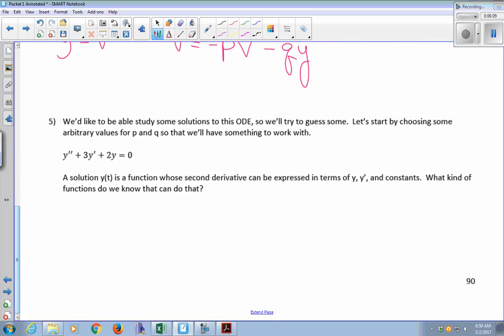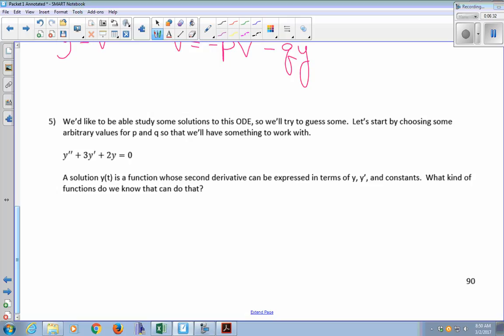All right, so I want to be able to study some solutions of this ordinary differential equation, the second order damped harmonic oscillator. So we're going to try to guess some solutions. We're going to start by choosing some arbitrary values for p and q so that we have something to play around with. So this is an example of a damped harmonic oscillator.